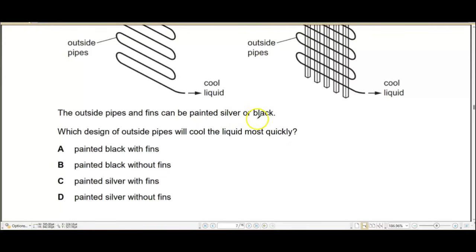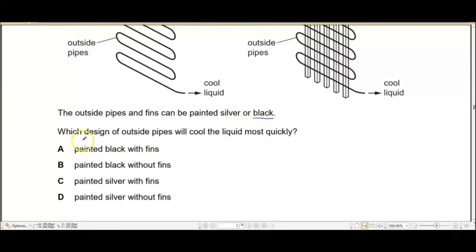So anything that has to do with radiation being optimal, you should always be using something which is dark colored or black. And it should be matte as well. Silver would be light colored and silver would be shiny as well, as opposed to black.